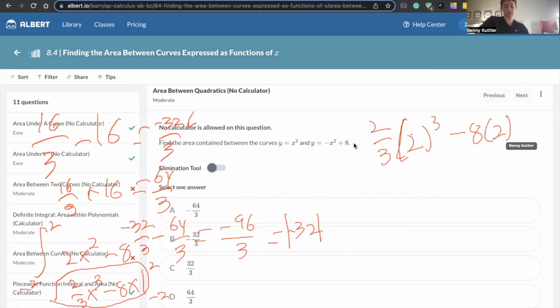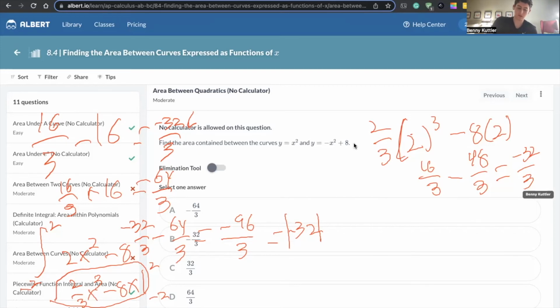So then we have 8 times 2, 16 over 3. 16 over 3 minus 16, which is 48 over 3. And then we get negative 32 over 3. Maybe we do need to do the functions in the other order.